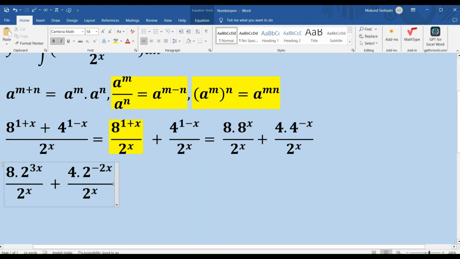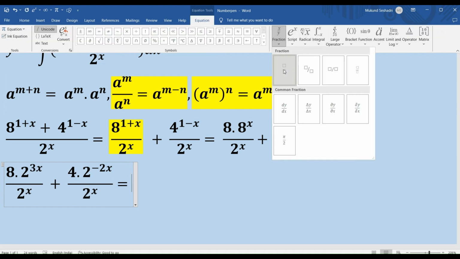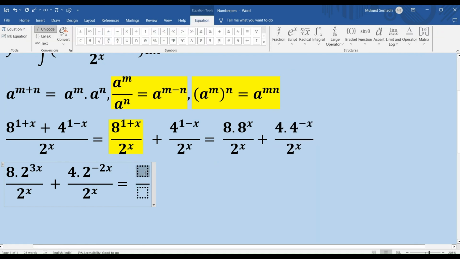So let me apply that particular formula and see how I can simplify this expression. This time I will have 8 times 2 to the power 3x divided by 2 to the power x, right? So my a equals 2, which means I have 2 to the power 3x minus x. And what is that?